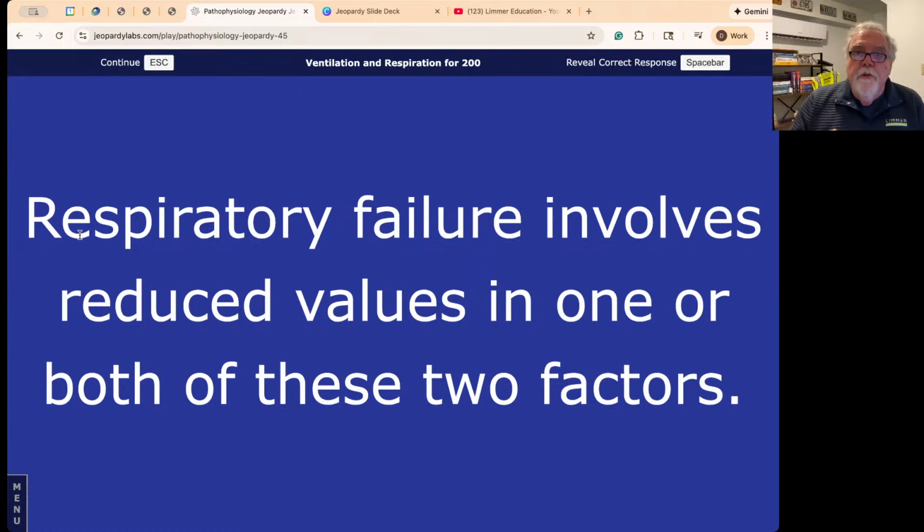We have external respiration, which is between the alveoli and the cells in the pulmonary capillaries. Internal respiration is between the blood cell and the capillaries in the body. And every once in a while, you'll see that on the National Registry. External respiration is the gas exchange that occurs in the lungs and the alveoli. Internal respiration is between the blood cell and the cells of the body.